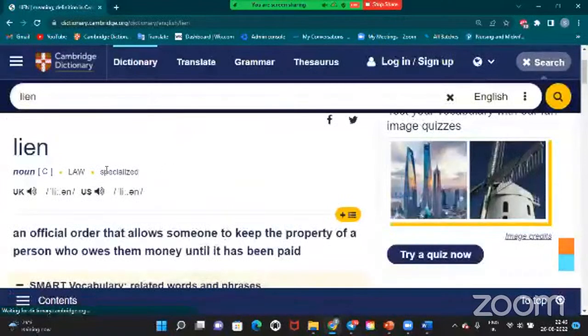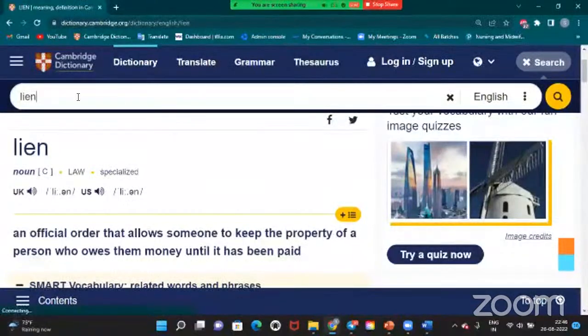This is a law word, a specialized word. Why is this not there in the Cambridge Dictionary? Have I written the spelling wrong?